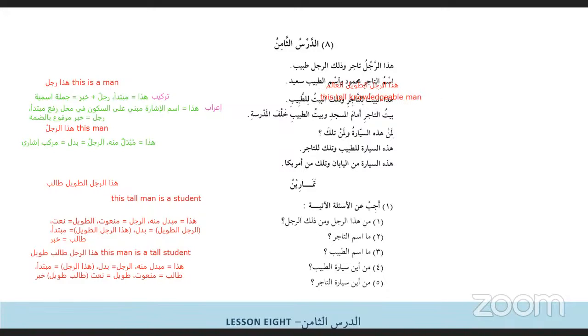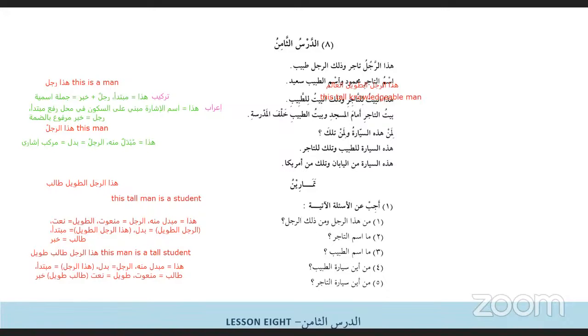Tarkib, I will just say it. Okay. هذا is مبتدأ. But before you make مبتدأ, actually it's مبدل من. الرجل is منعوت. الطويل is nat أول, first nat. العالم is nat ثاني, second nat of the word الرجل.